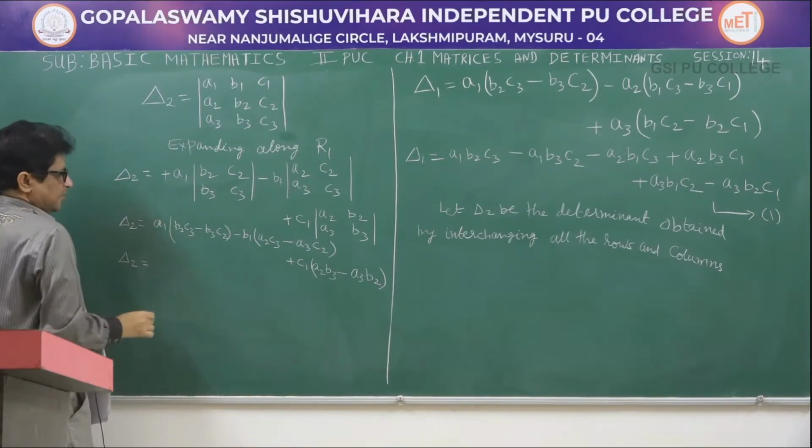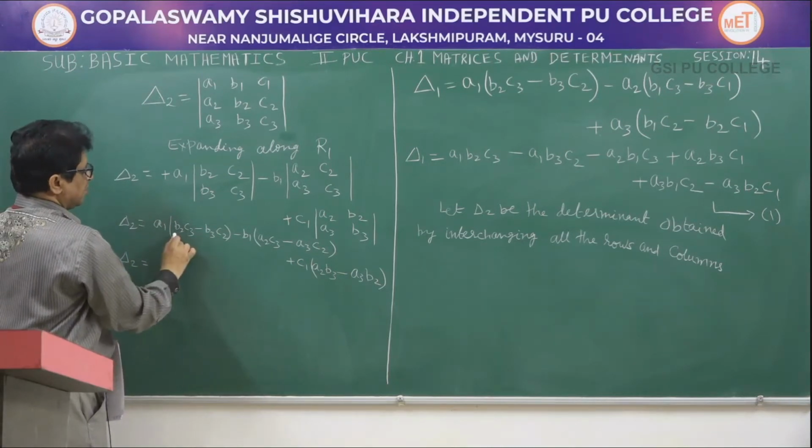So delta 2 is equal to, so let us multiply A1 to both the terms.